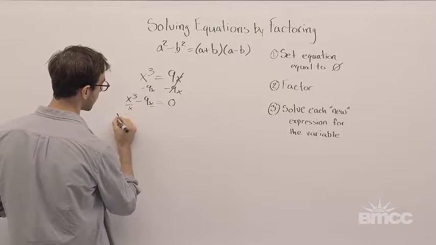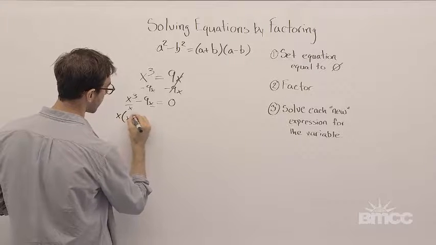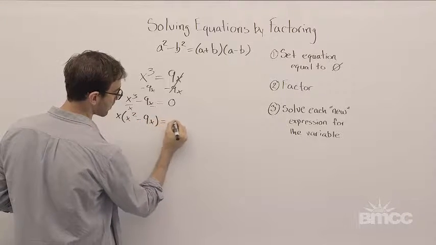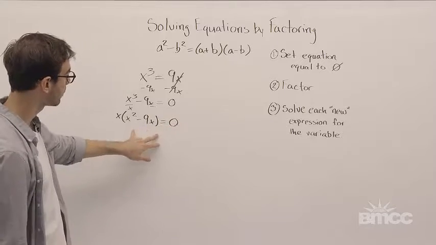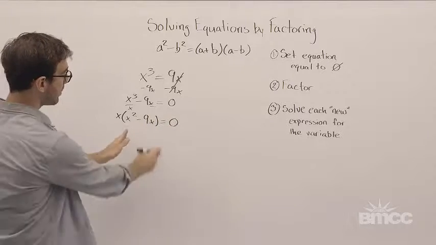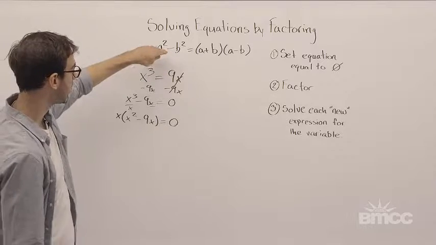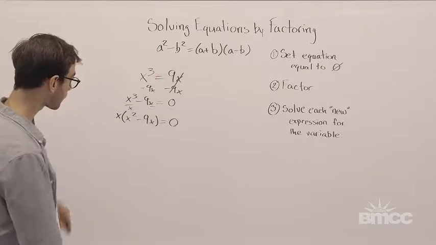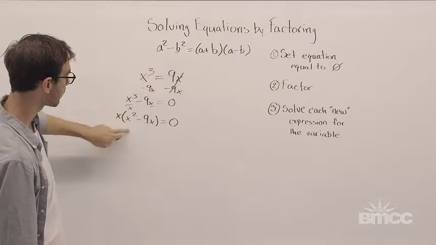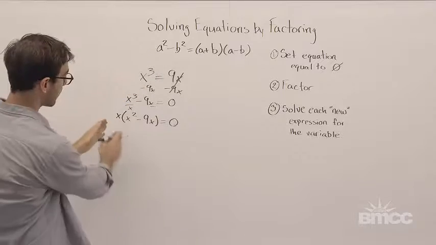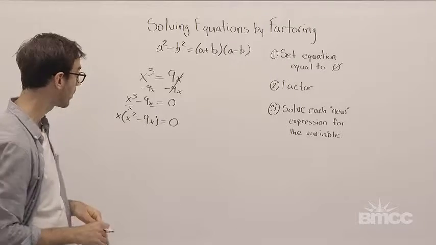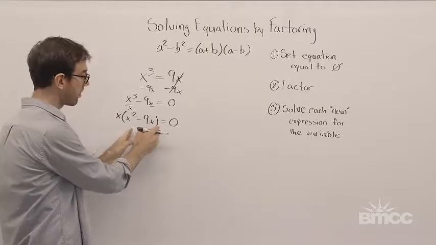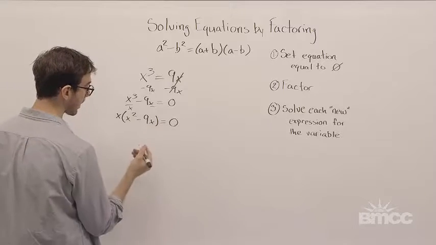So let's pull out that x, and now we're left with x times x squared minus 9 is equal to 0. Now we see that in these parentheses we have the conditions that we need for our difference of squares formula. We also have another expression, this x, that we need to account for. We'll get back to that in a minute. First, we need to simplify this a bit further before we can go solving for x.